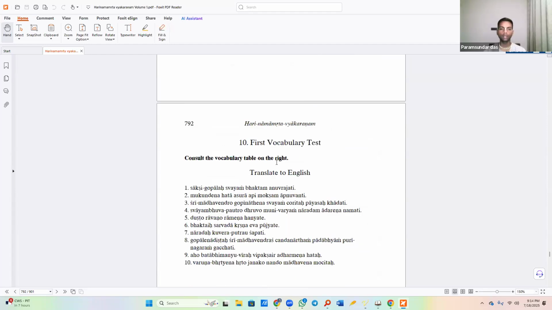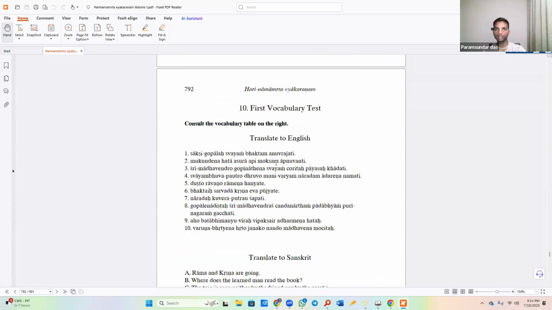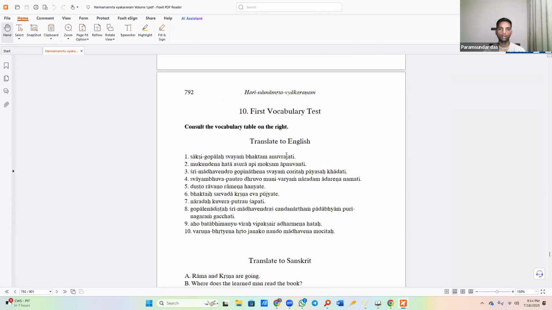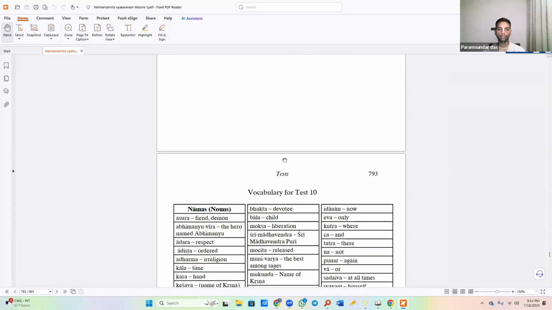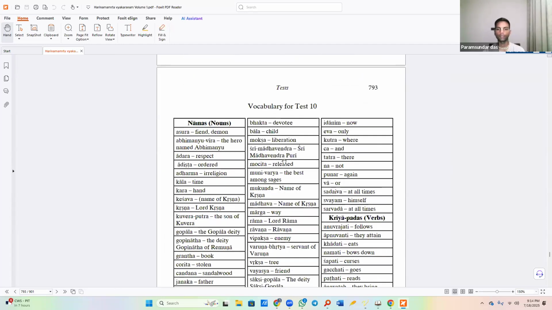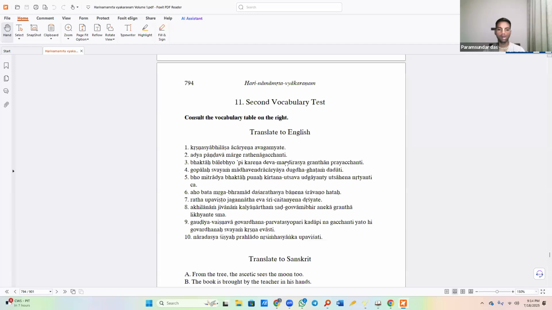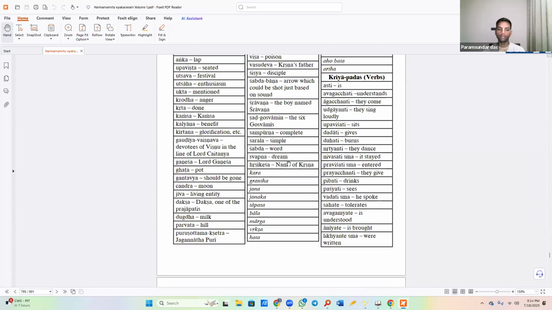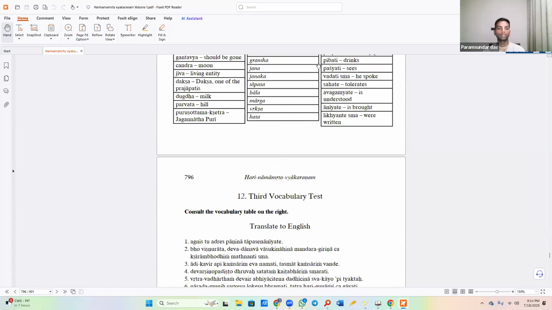Then the first vocabulary test. You can try these tests here. They are small, but still, translate to English, translate to Sanskrit. Okay, so mainly practice the declensions, the tables we are doing using the sutras.